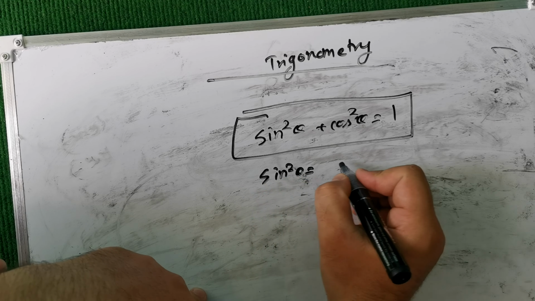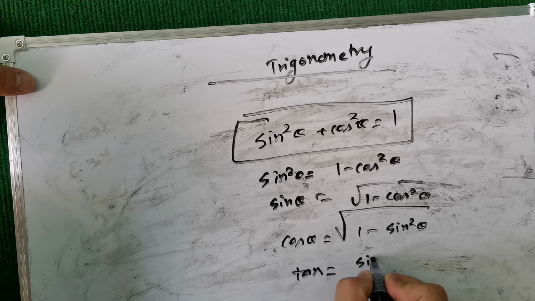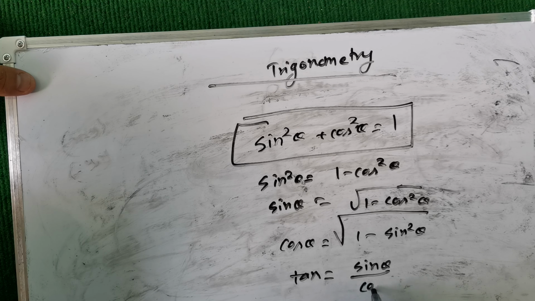Sin theta is equal to under root of 1 minus cos square theta. Okay, you have to remember this. And similarly, cos square theta is equal to 1 minus sin square theta. Tan theta is equal to sin theta upon cos theta.